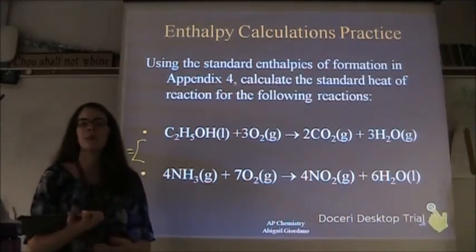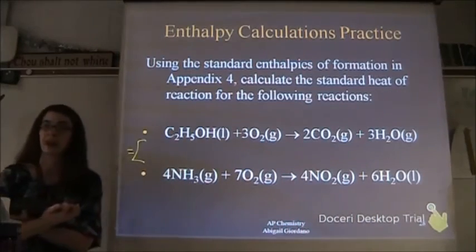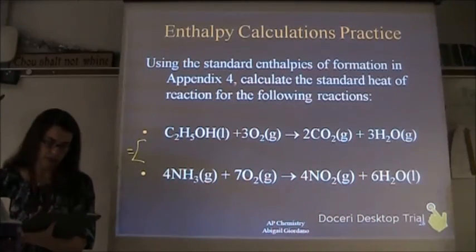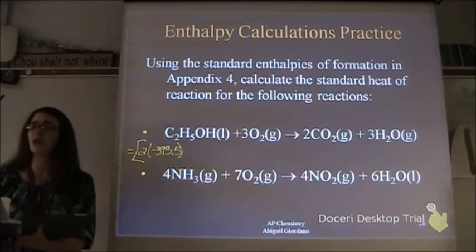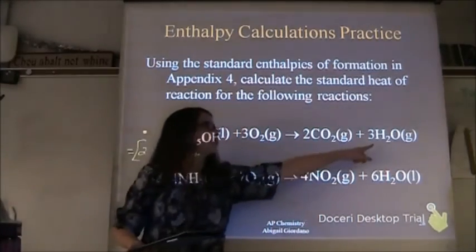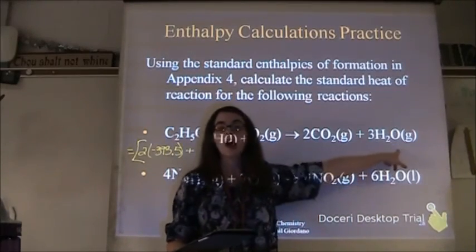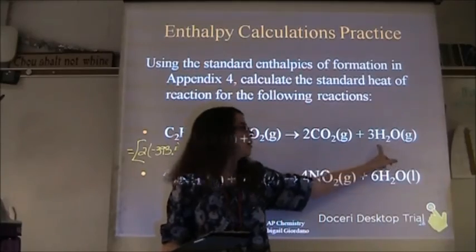Negative 393.5. Now, it has a coefficient of a 2 in front of it, so here's what I'm going to write. 2 times negative 393.5. Now, that's not my only product. Be careful with your state of matter. I believe this is with the oxygen compounds.